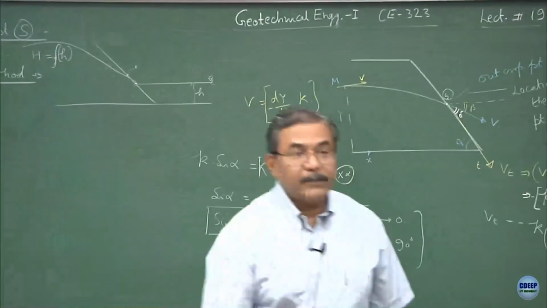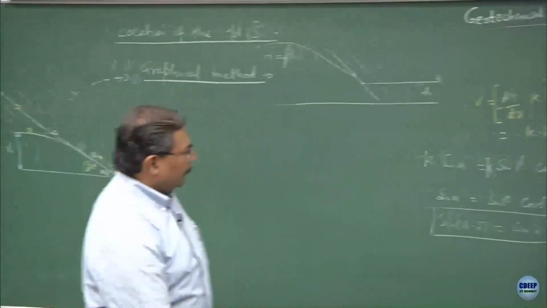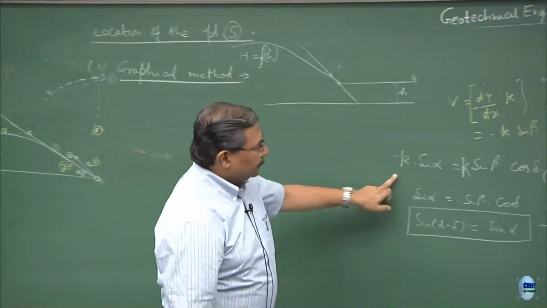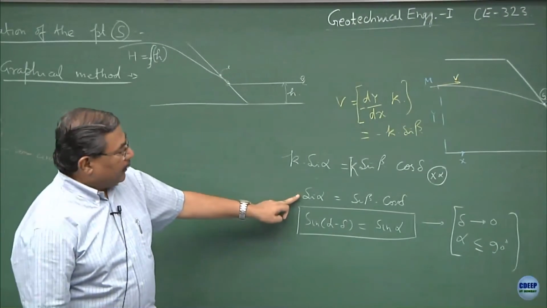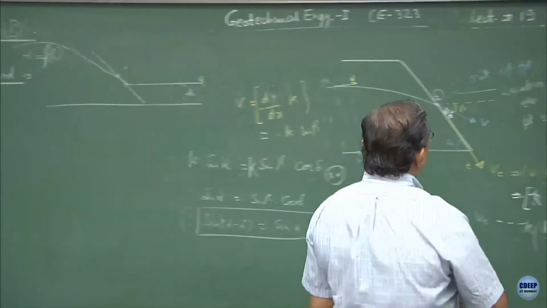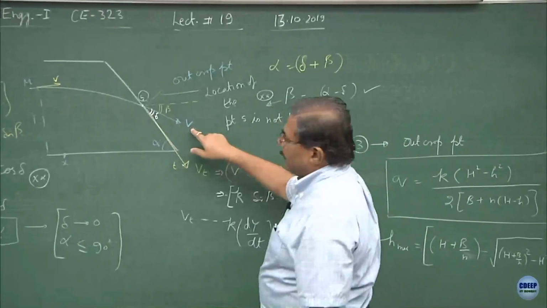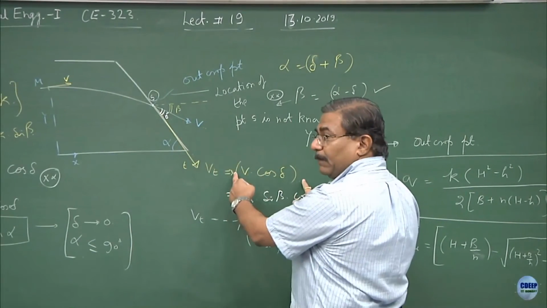So, how did we get the expression from sin alpha equal to sin beta cos delta, from the second one to the third one? Okay, what I have done here is, there are two ways of getting the velocity. One is I can take the component of the velocity, V cos delta.